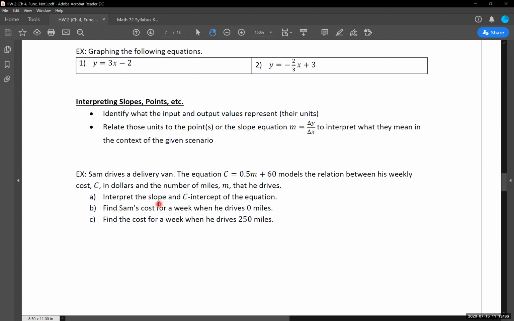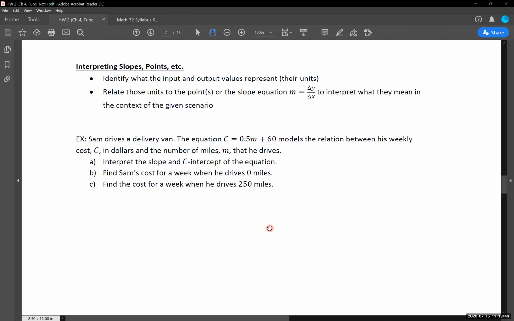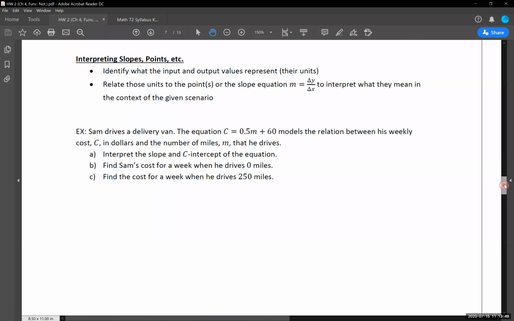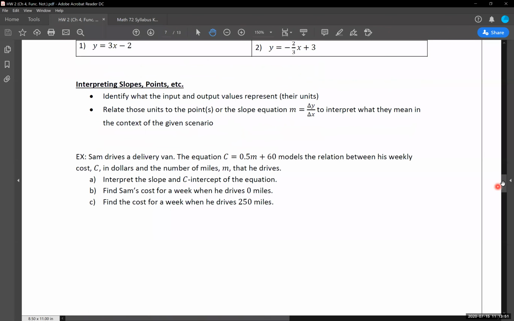So the slope of this thing is going to be the number value attached to the variable. So the slope is 0.5. I'll try and see if we can write this thing out here. So our slope is equal to the change in y over the change in x.